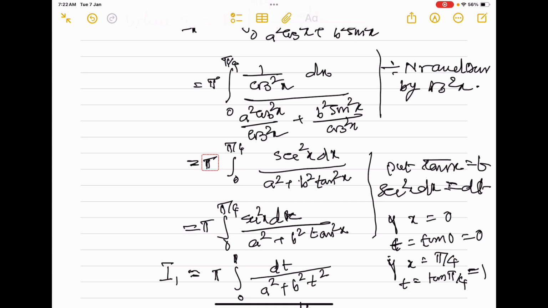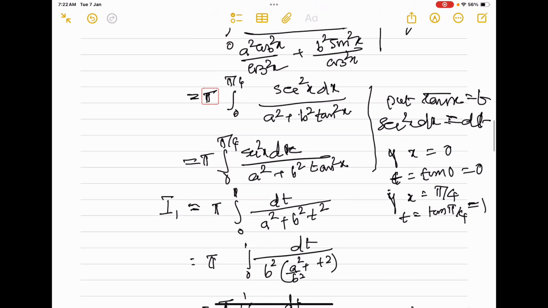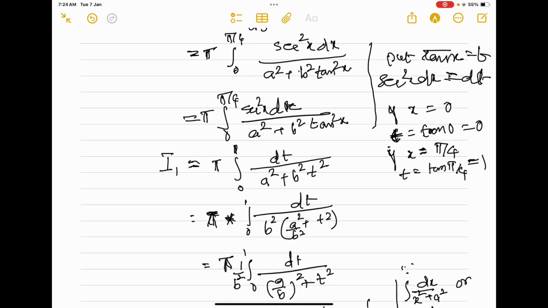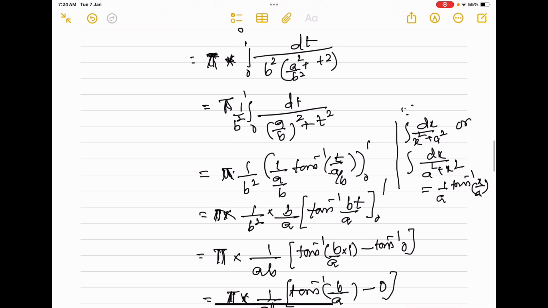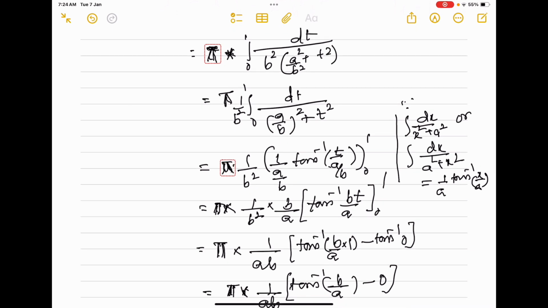So I1 becomes pi into integral 0 to 1 dt by a square plus b square t square. We take b square outside: b square into (a square by b square plus t square). That's equal to 1 by b square into integral 0 to 1 dt by (a by b) whole square plus t square.